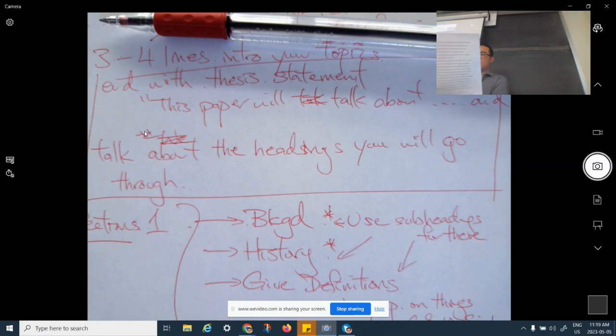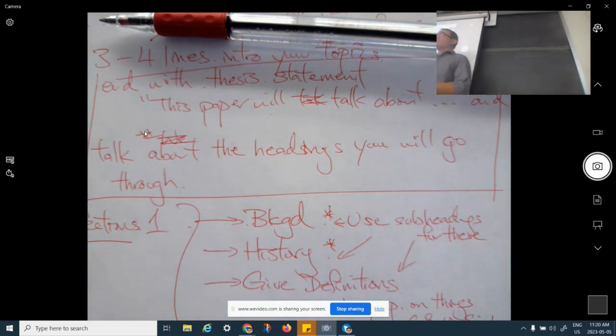"This paper will use a thematic structure to discuss the mechanism of the CRISPR system, its origin, the factors that influenced CRISPR evolution, the way CRISPR evolves, as well as future application." So again, this is a much bigger paper. There are 5 headings that they're going to go through. Any questions so far?